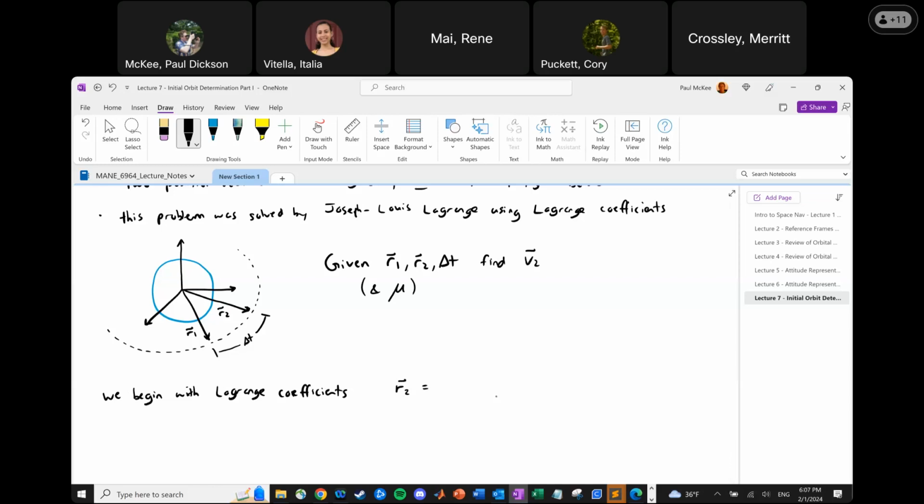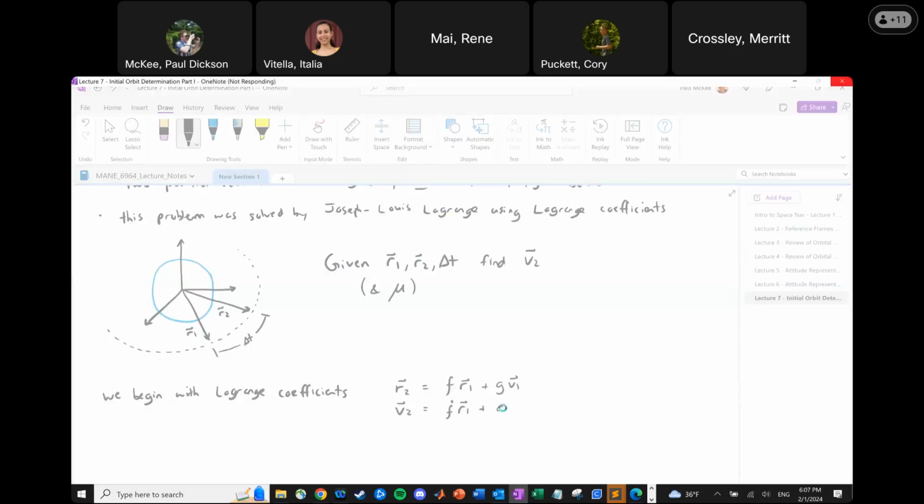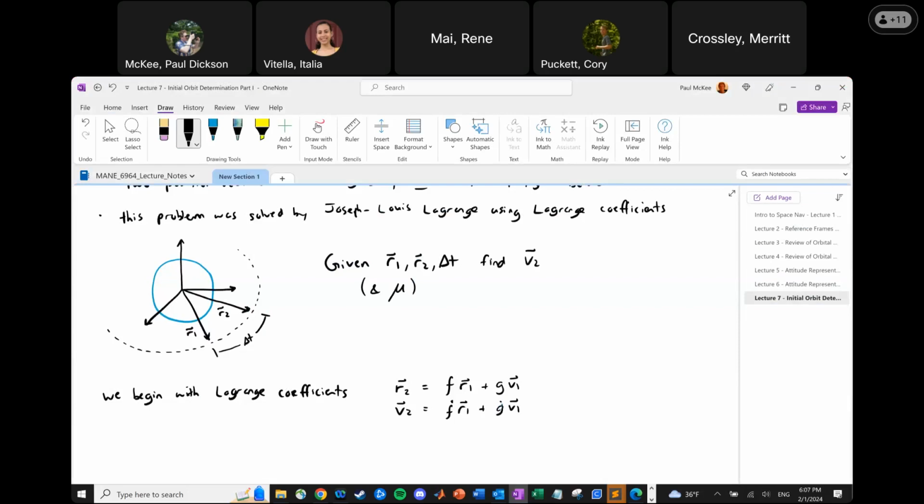R2 is some linear combination of R1 and V1, F R1 plus G V1, and V2 is some linear combination of R1 and V1, which we're going to call F dot R1 and G dot V1, where F, G, F dot, and G dot are what's called Lagrange coefficients, which clearly have something to do with time, because they're allowing us to map from some position and velocity to some future position and velocity, right? These might seem a little bit magical on the surface, but we're going to talk about where they come from and how to compute them.